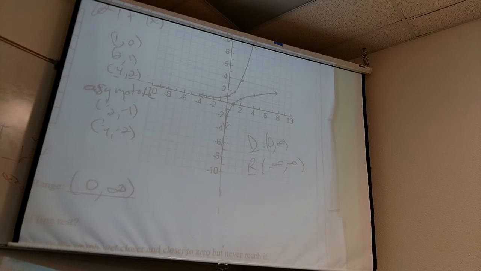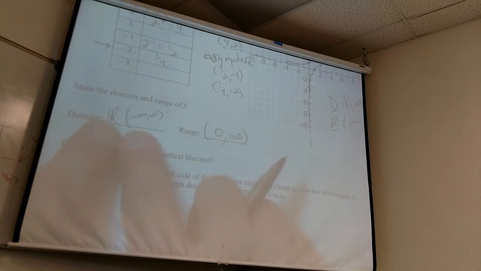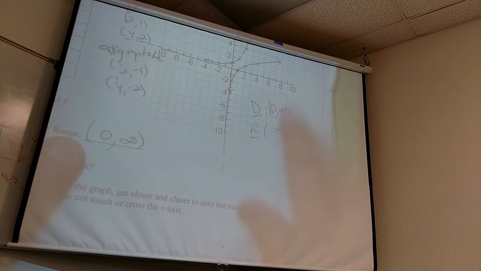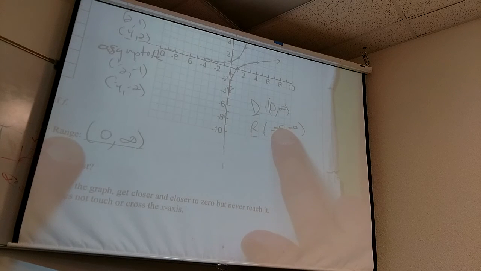Now remind me, look at me. How do you find the inverse? Take x and y and you switch them. Domain is related to x's. Range is related to y's. So here's the function, the domain and the range. If I flip those, that's what the inverse does.